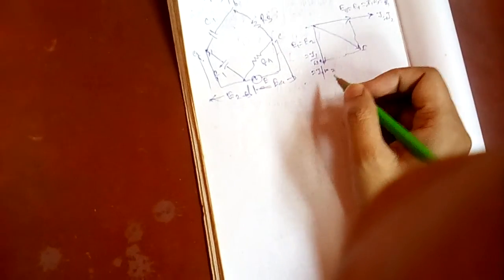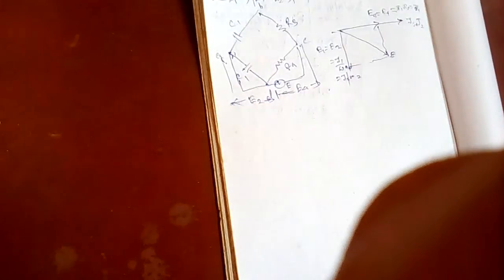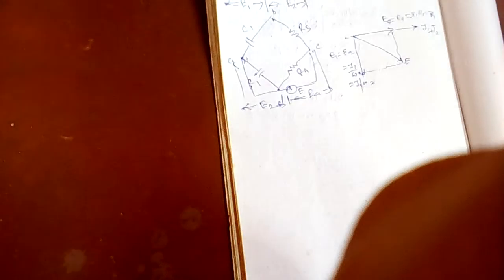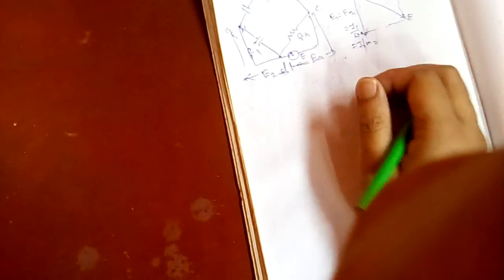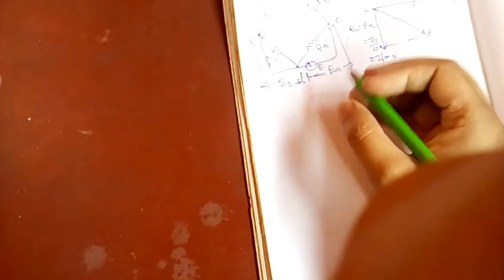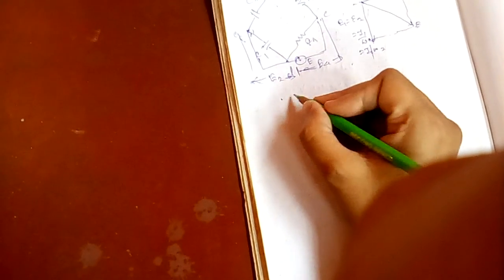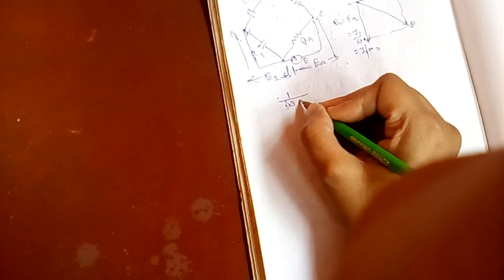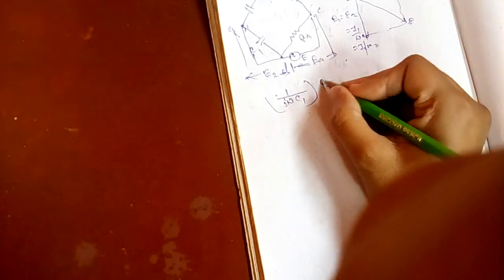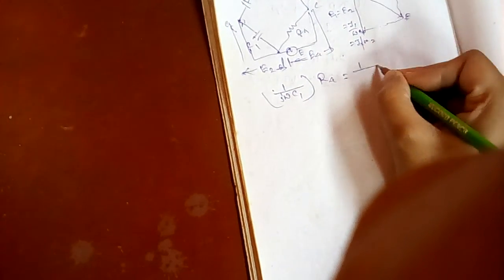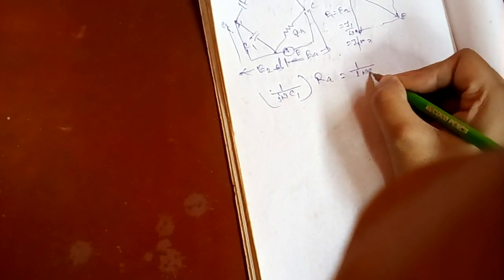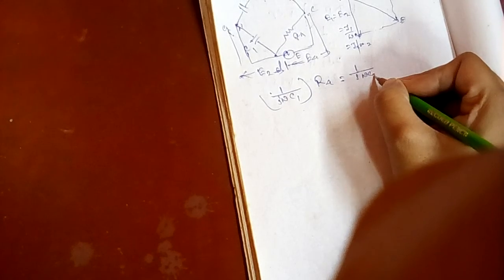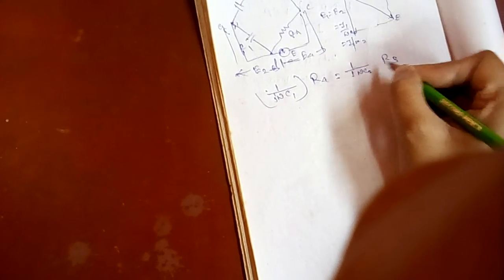from the circuit, for balancing we know Z1 Z4 equals Z2 Z3. So we have, for capacitance, the equivalent: (1 by j omega C1) multiplied by R4 equals (1 by j omega C2) into R3.